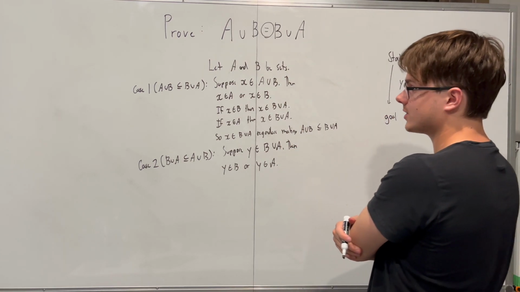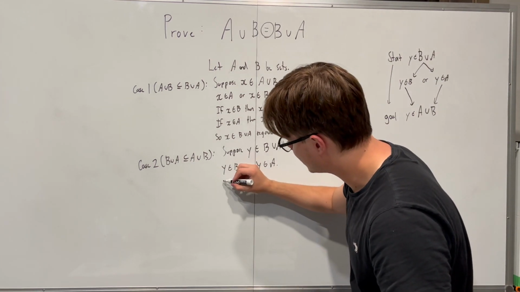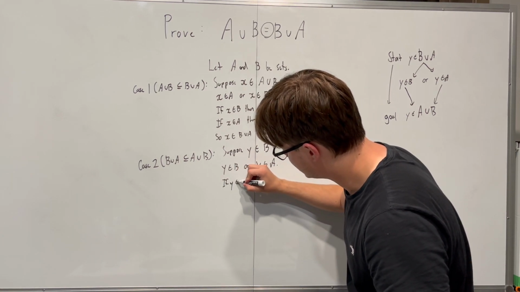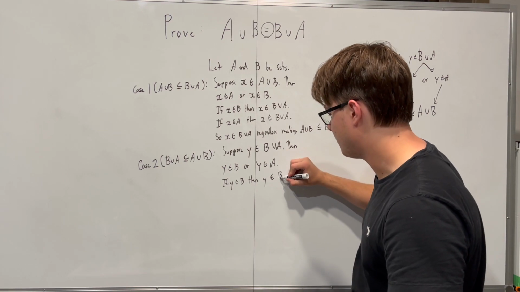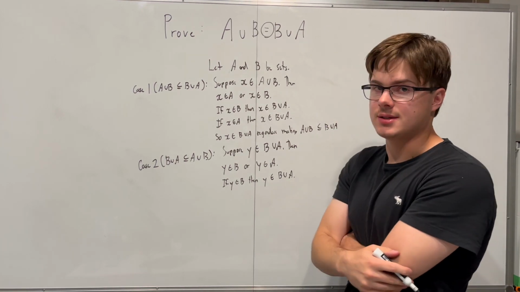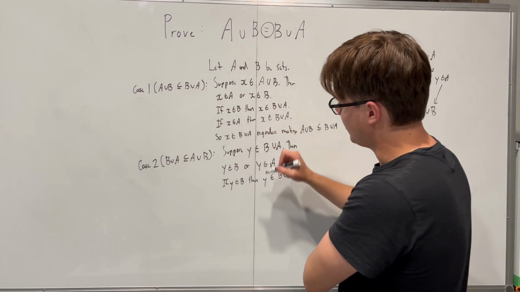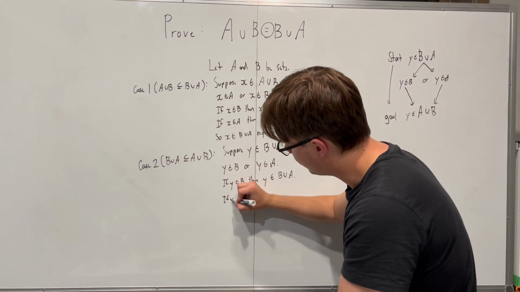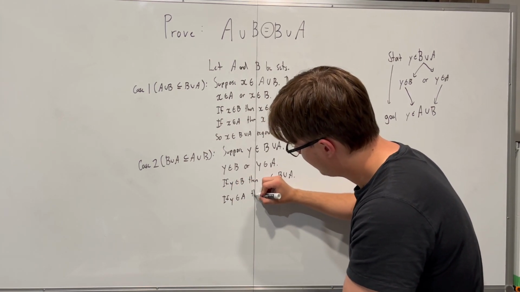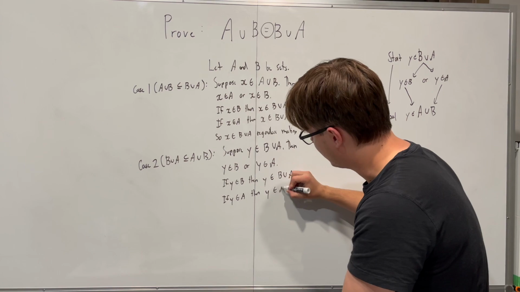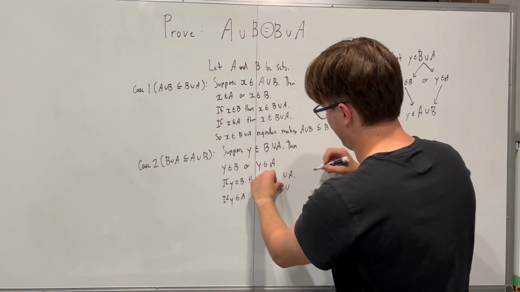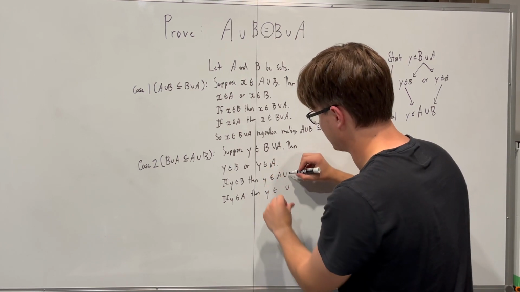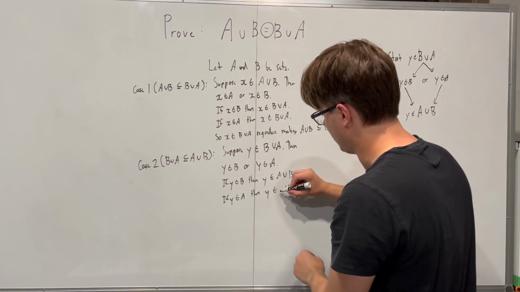Fantastic. Now we're going to say, well, let's take the case where it's in B. So we're going to say if Y is in B, then Y is definitely going to be an element of B union A. Fantastic. Similarly, we're going to do the same thing for A. If Y is in A, then Y is going to be an element of A union B, that's what we're trying to show from this.